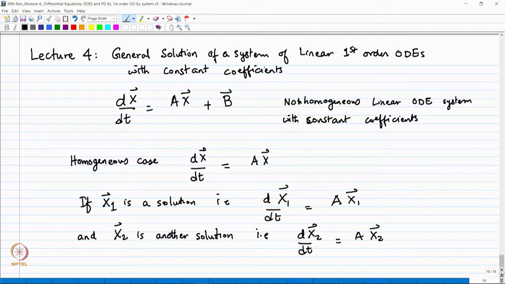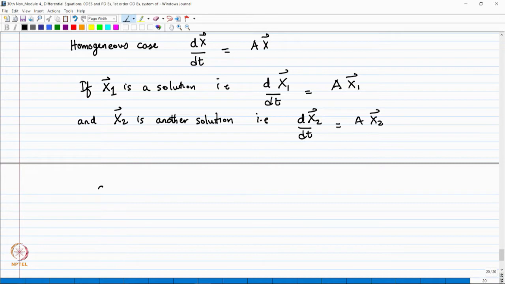Then what you can easily see is, suppose I take C1 x1 plus C2 x2, and now I put this in the differential equation. I call this x prime.